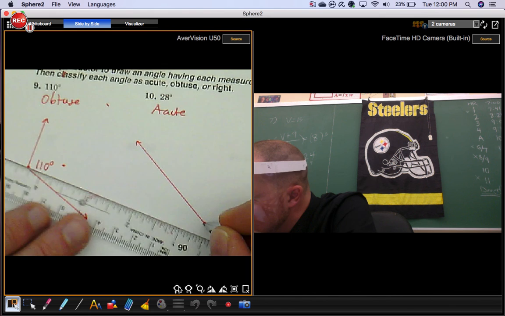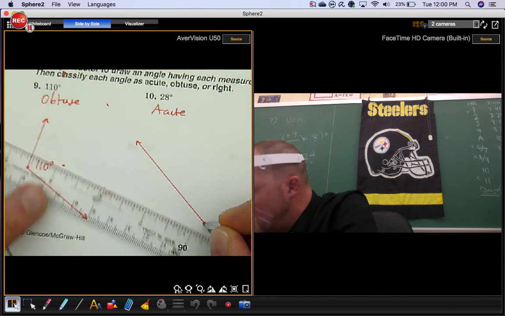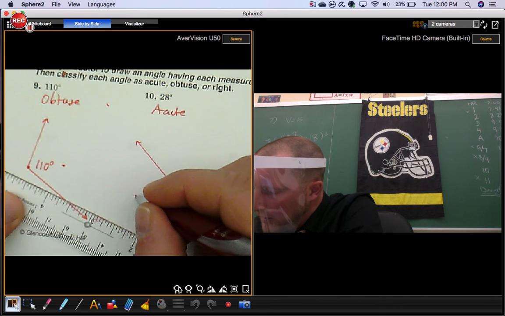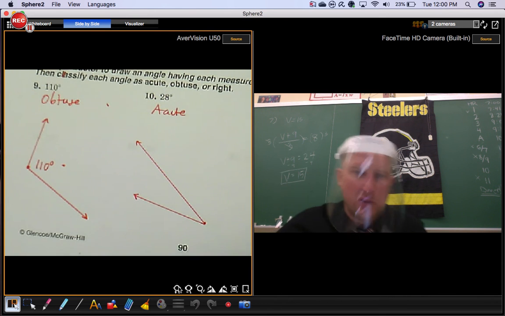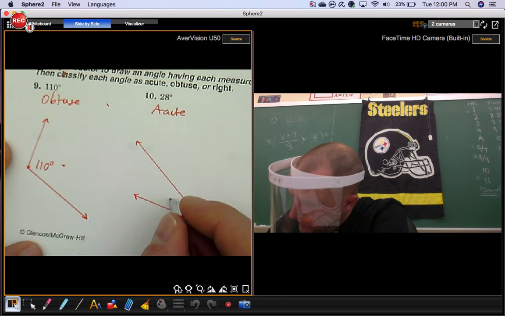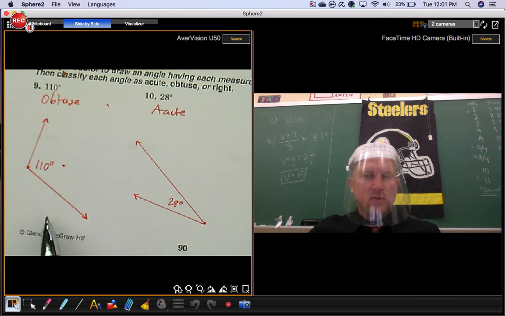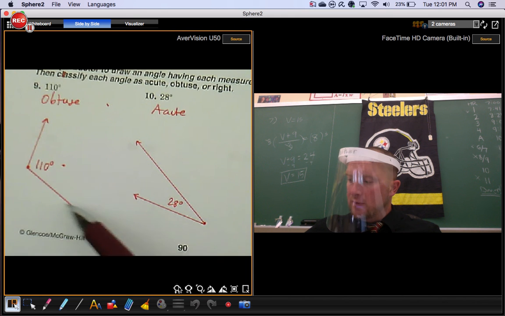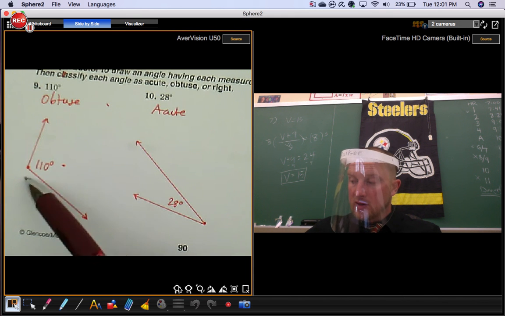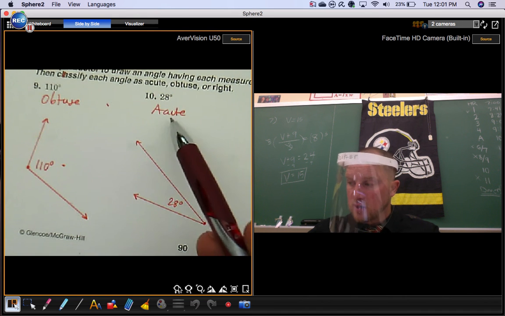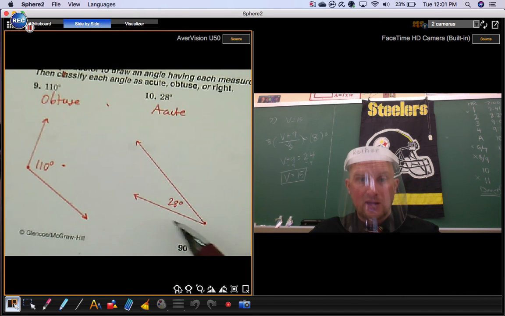So I'm basically just setting that angle. The length of the rays has nothing to do with the measure of the angle. That's a 28 degree angle. Now, I didn't talk about this back here, but I feel good about this being 110 degrees because that's a big fat angle. It's obtuse. I classified it first. Well, I knew this was acute, so this better be a skinnier angle, and it is.